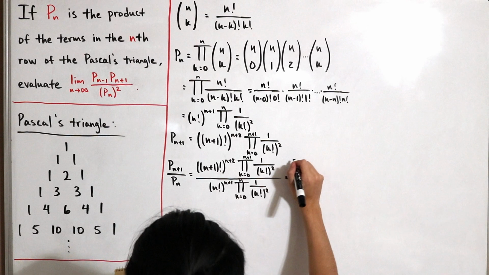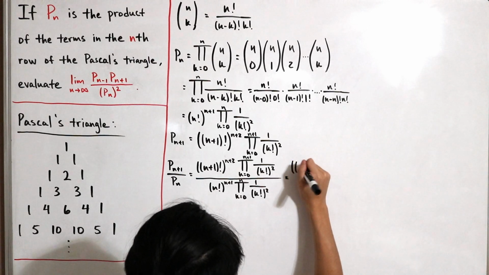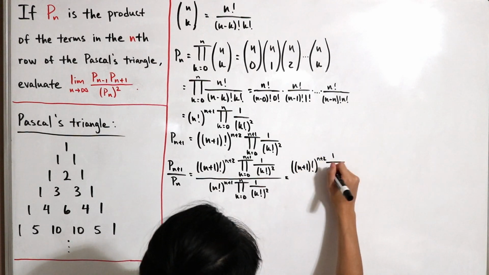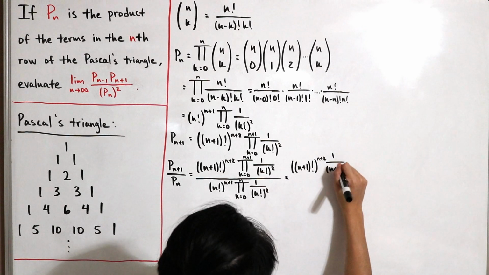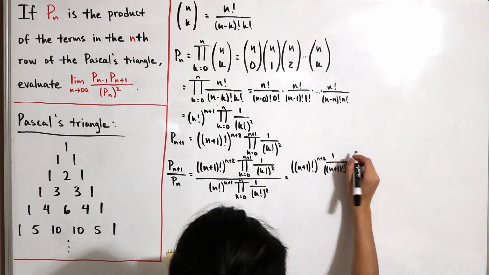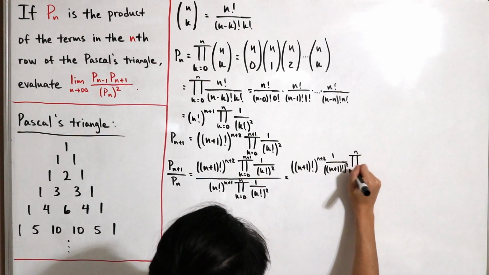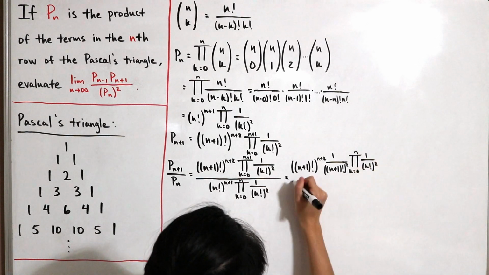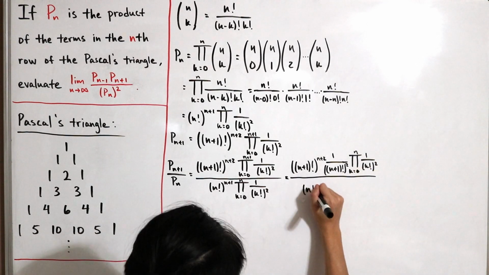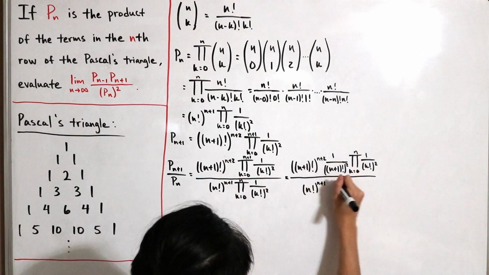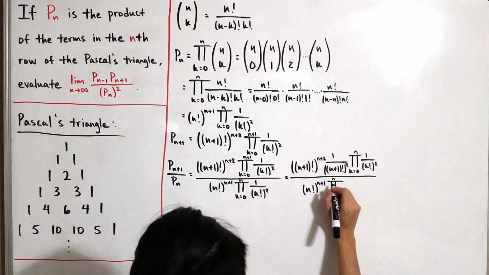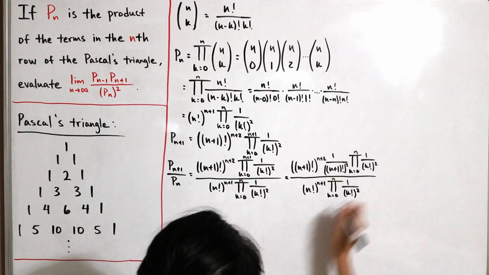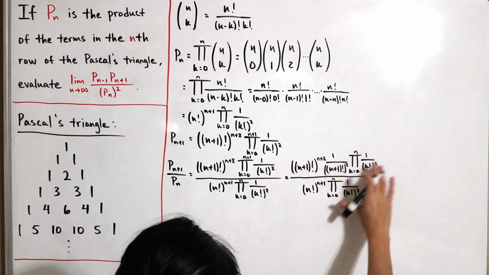So let me rewrite this in full: (n plus 1) factorial to the power n plus 1, then 1 divided by (n plus 1) factorial squared, multiplied with the product up to n of 1 divided by k factorial squared, divided by n factorial to the power n plus 1 multiplied with the same product. Then you'll notice the product series will cancel each other out.